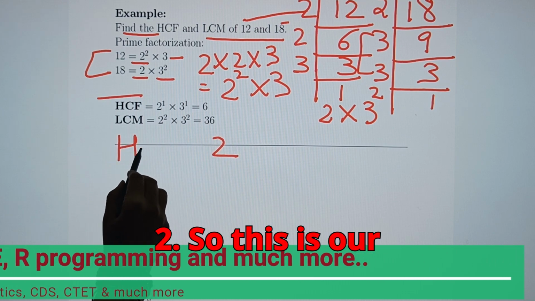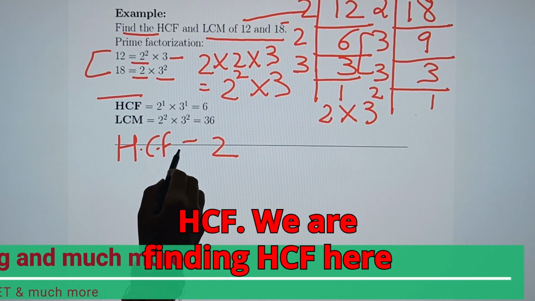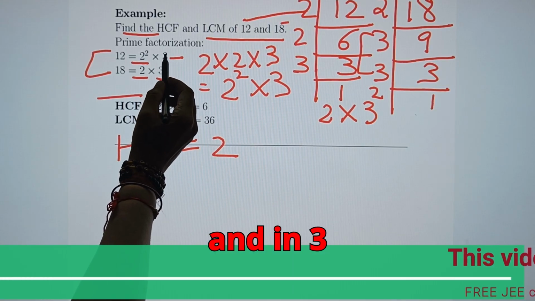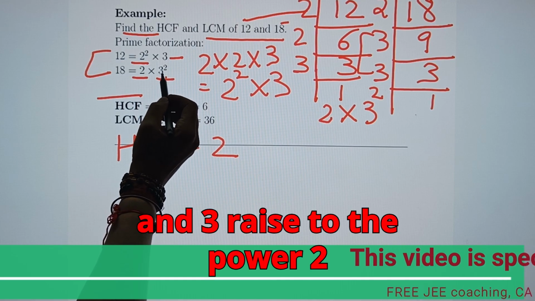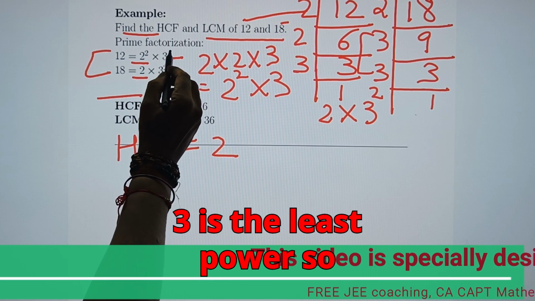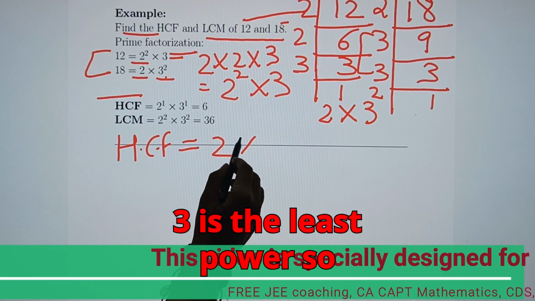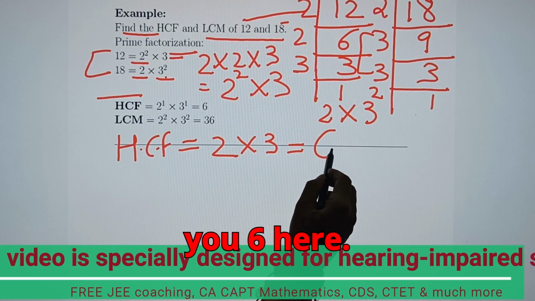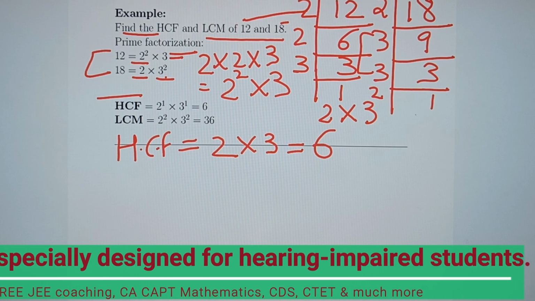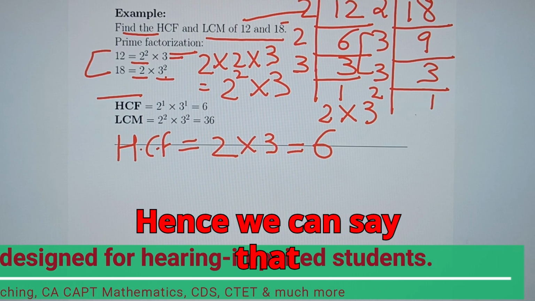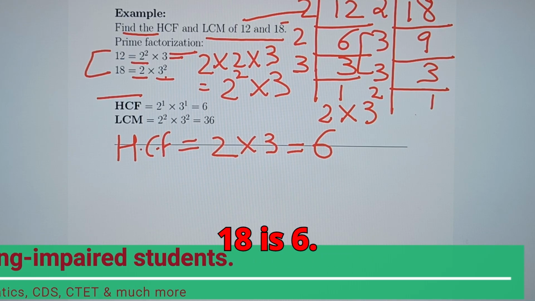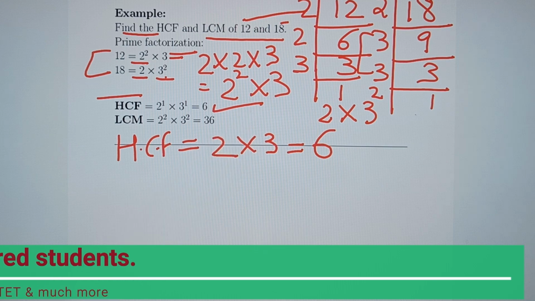So this is our HCF. We are finding HCF here. And in 3 and 3 raised to the power 2, 3 is the least power. So multiply by 3. So this will give you 6 here. Hence we can say that the HCF of 12 and 18 is 6.